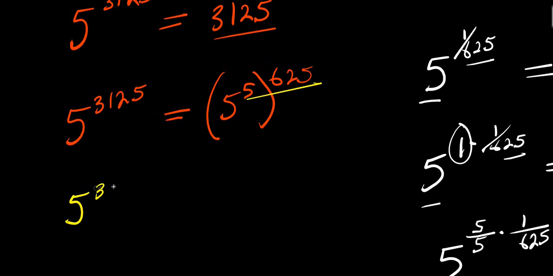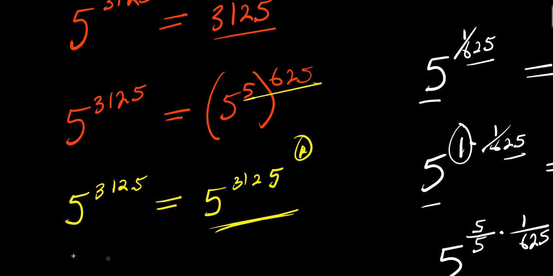I have 5 power 3125 equals 5 power 5 times 625. Remember, 5 times 5 is 25. We have 5 and carry over 2. 5 times 2, 10 plus 2, 12. 2 carry over 1. 5 times 6, 30 plus 1, 31. They both are the same.